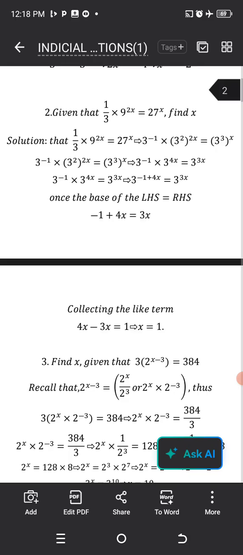1 over 3 multiplied by 9 raised to power 2x equals 27 raised to power x can be written as the one in front of the implication sign, that arrow there, which is what I told you. Whenever you see something that involves 1 over 3, you can apply the negative index rule. That is, you can change it back to 3 raised to power minus 1, or anything that is serving as the index of the base at the denominator.